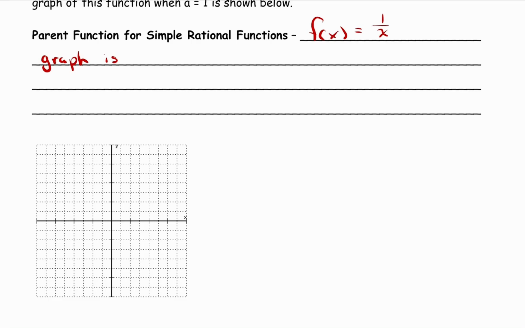So the graph is a hyperbola. It's going to have two symmetric parts. We call these parts branches.